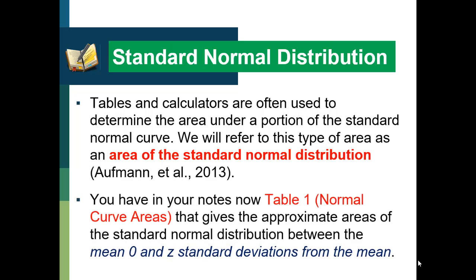You have in your notes now, Table 1, normal curve areas, the one that I have asked you to bring for you to peruse, and as a reference, that gives the approximate areas of the standard normal distribution between the mean 0 and z standard deviations from the mean.